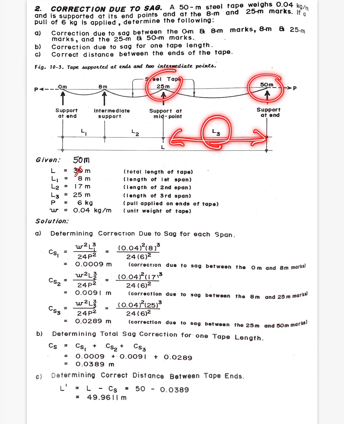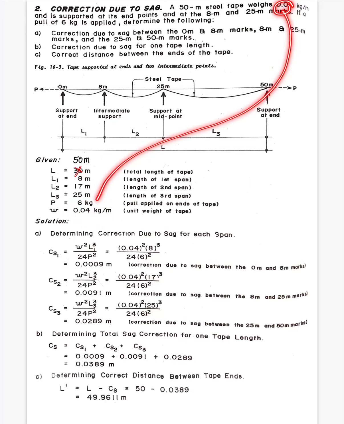So you have L3 equal to 25 meters. And then given P or given pull, that is 6 kilogram. And the weight of the tape per meter, that is 0.04 kilogram per meter. So that is the unit weight of tape per meter.